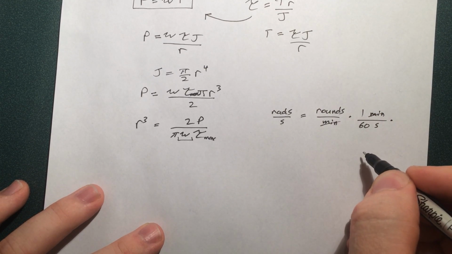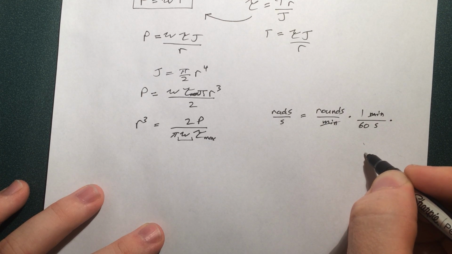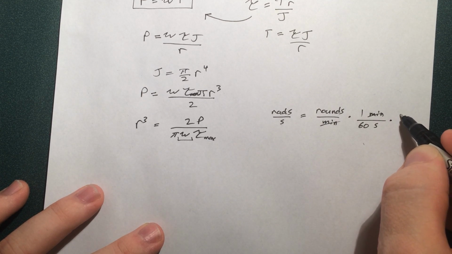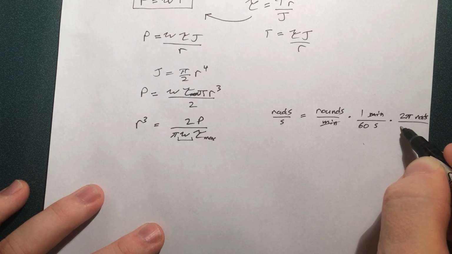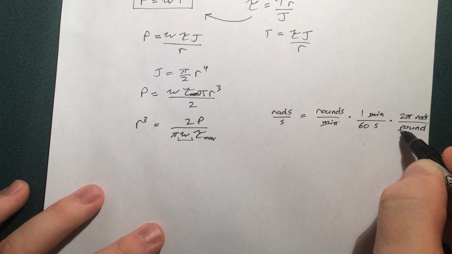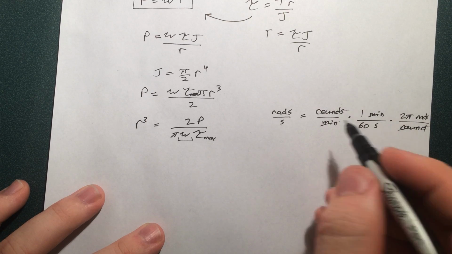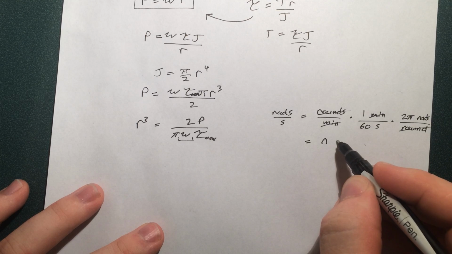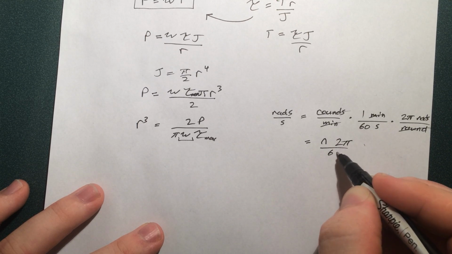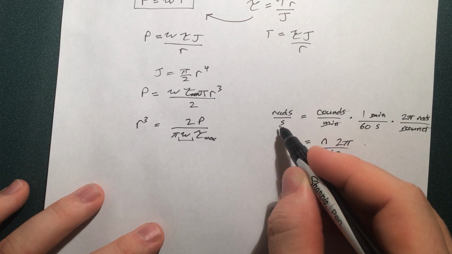I want rads. A round is just completing one full cycle. Well, there's 2 pi rads in that one round, or cycle, whatever you want to call it. So rounds per minute, that's usually N, times this factor here, 2 pi by 60 equals radians per second.